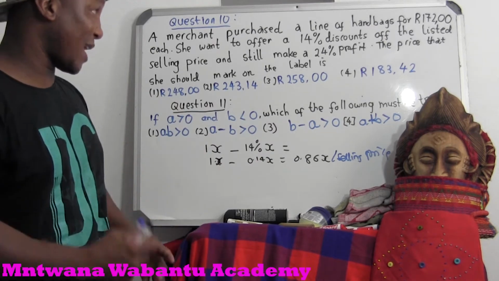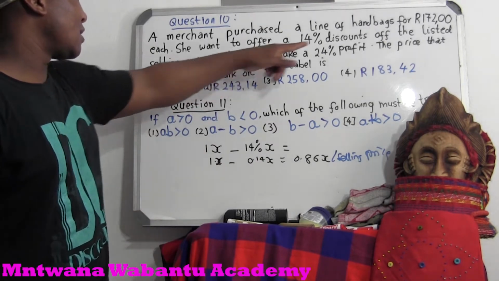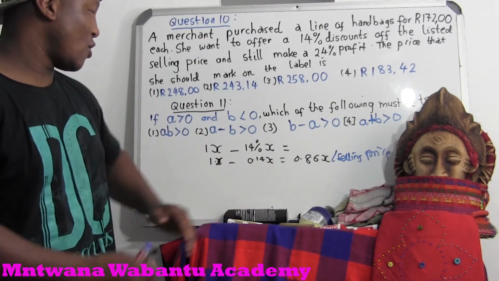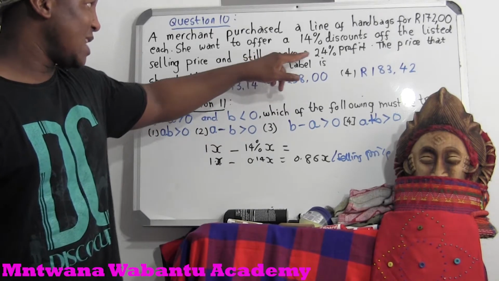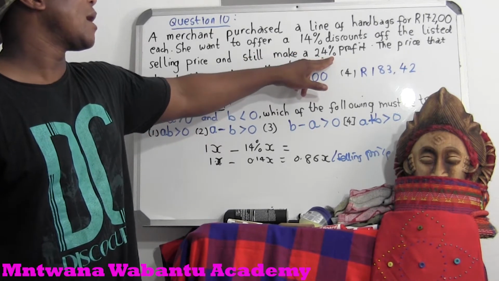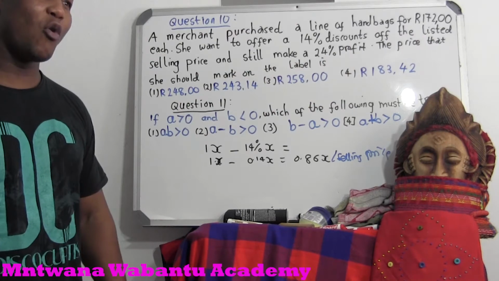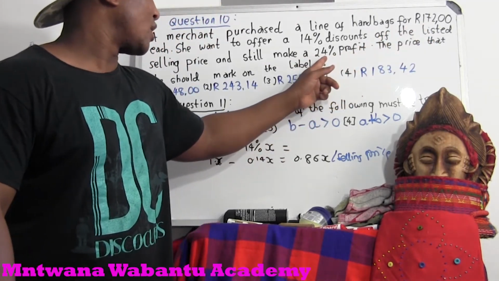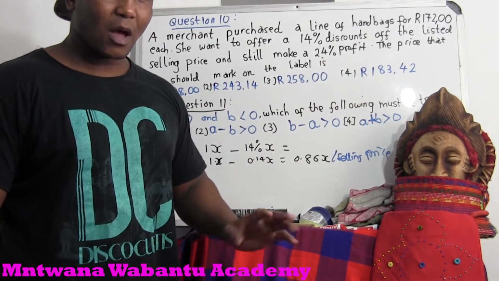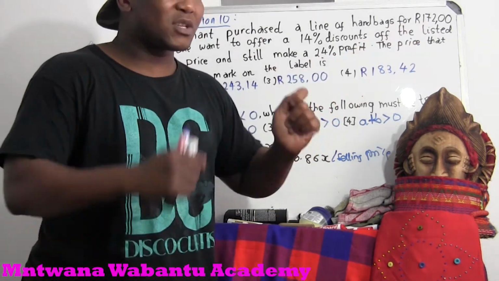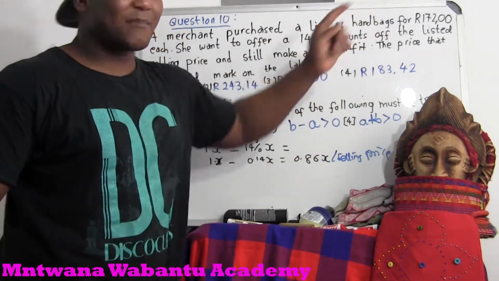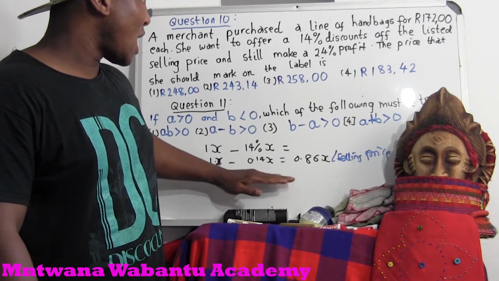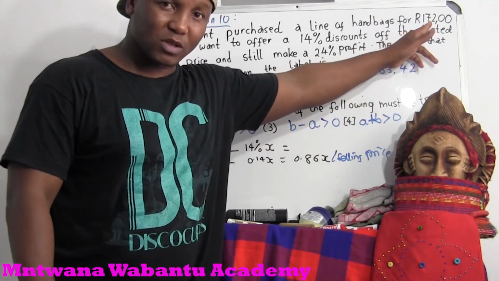Now let's read the question carefully again. They say the listed selling price, and still this person has to make a 24% profit. If I bought this for 172, I have to make 24% profit. So let me take what I bought the handbag for and find the 24% profit, because in all this process I have to make sure I make a profit on what I bought.